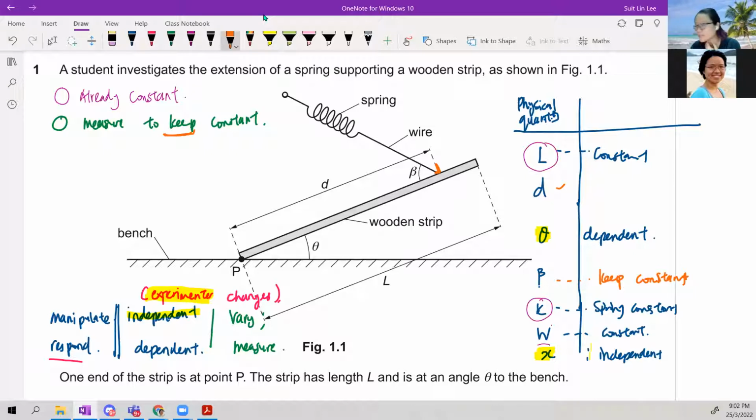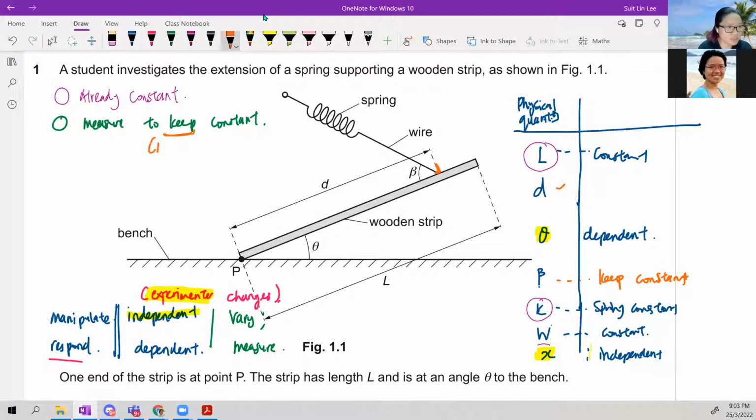Okay. So using the rule recently highlighted by Cambridge, they don't want you to list down everything. So it's easy to just list down, keep constant L, D, K, W, and beta. If you do so, it's not awarded marks because you are not choosing the thing that you need to keep constant.